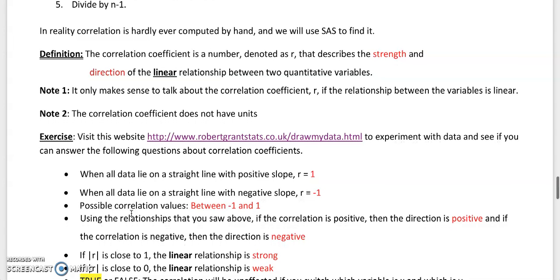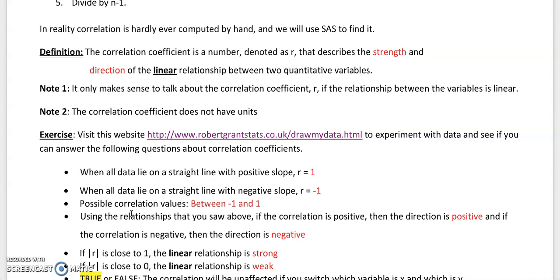You might also have noticed that perfectly straight lines were with correlations of 1 or -1. What that means is that if we have a really, really strong relationship, the absolute value of our correlation is close to 1. So it's either close to +1 or -1. The flip side of that is that if our correlation is close to 0, that's describing a really weak relationship.